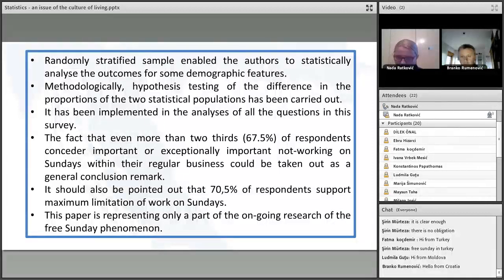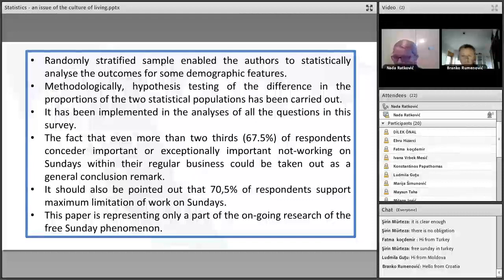We see that 67.5% of respondents consider it important not to work on Sundays. It should also be pointed out that 70% of respondents support maximum limitation of work on Sundays.